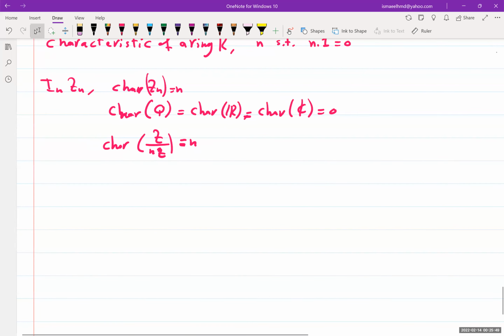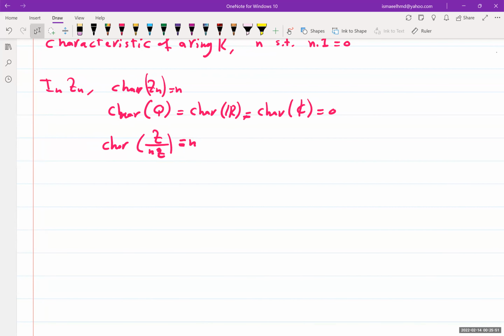Boolean rings are an example of rings, which have many applications in computer science.